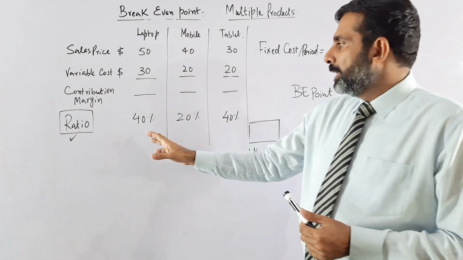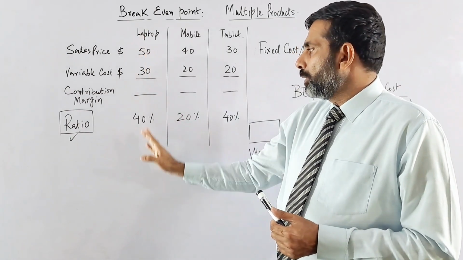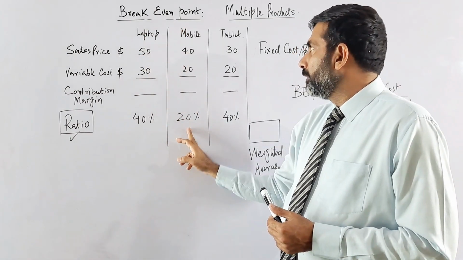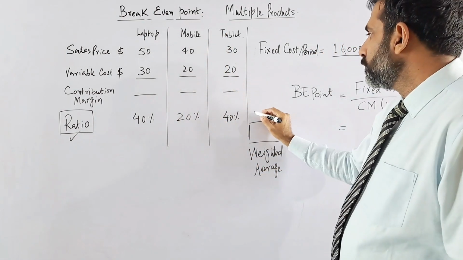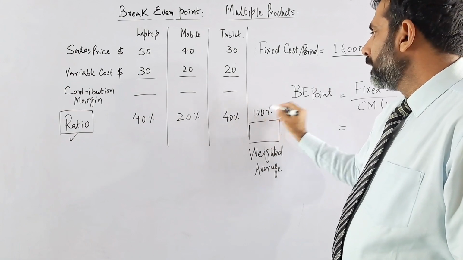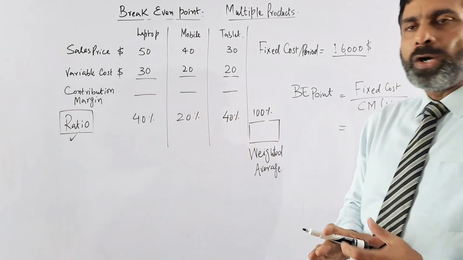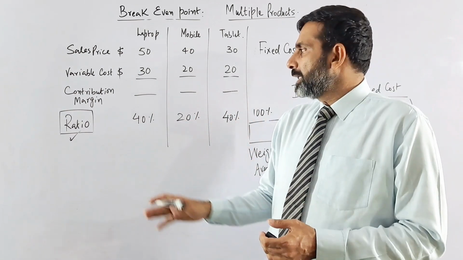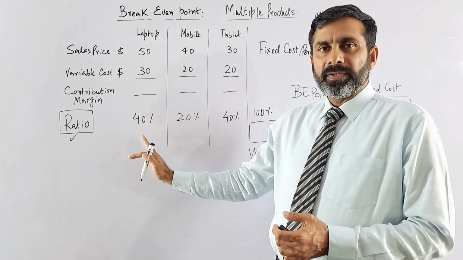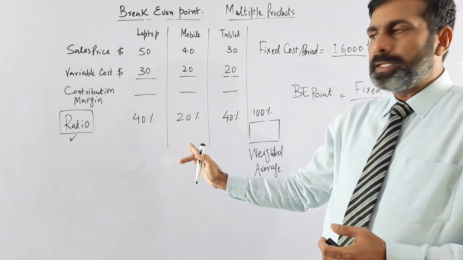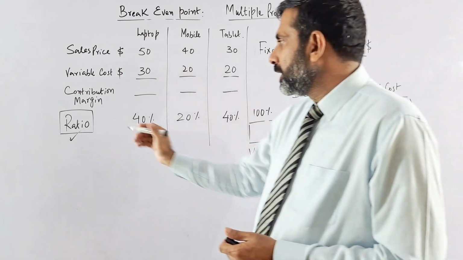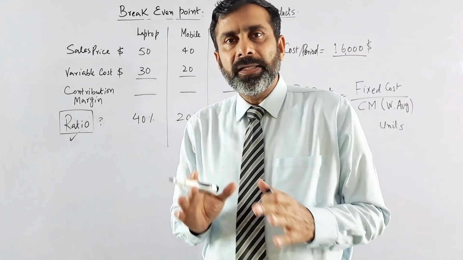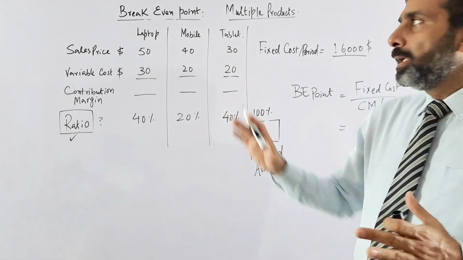For example, here it is 40% laptop, 20% mobile phones, and 40% tablets. The total should be 100%. So this is the ratio. Out of the 100 products they are selling, 40 units are laptops, 20 are mobiles, and 40 are tablets.